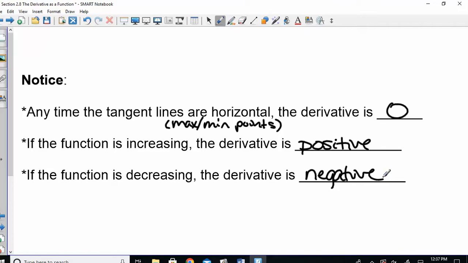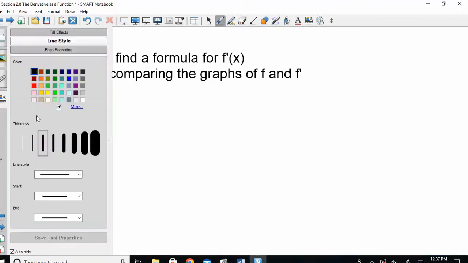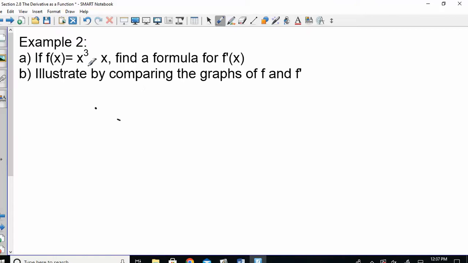So let's practice finding a derivative. You guys did that on the homework we turned in. Found lots of them. So I have a function, f of x equals x cubed minus x. So I want f prime of x.